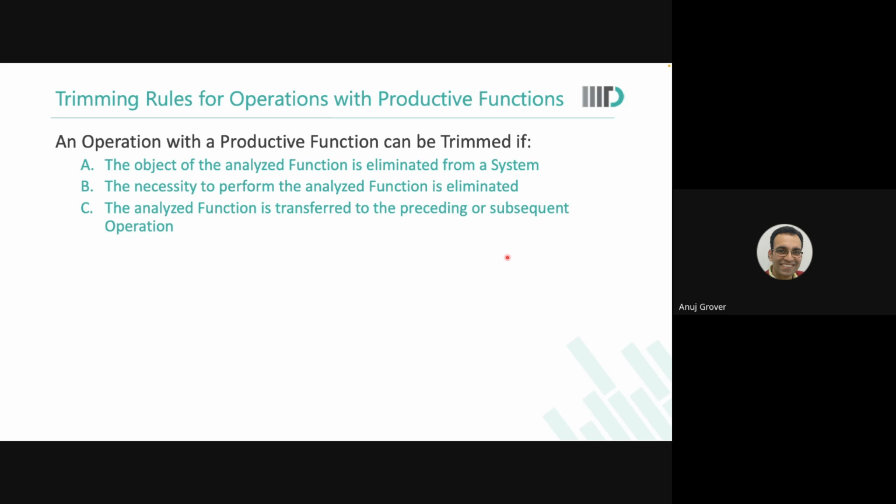No. So the necessity to perform the analyzed function is eliminated. And the analyzed function is transferred to the preceding or subsequent operation. You see the very similar rules as product in the trimming. Very, very similar. You can actually see the parallels there.